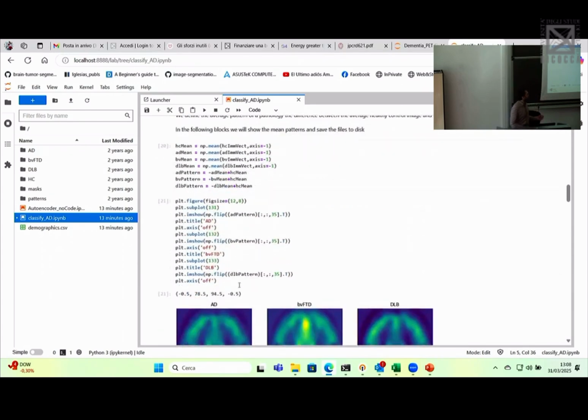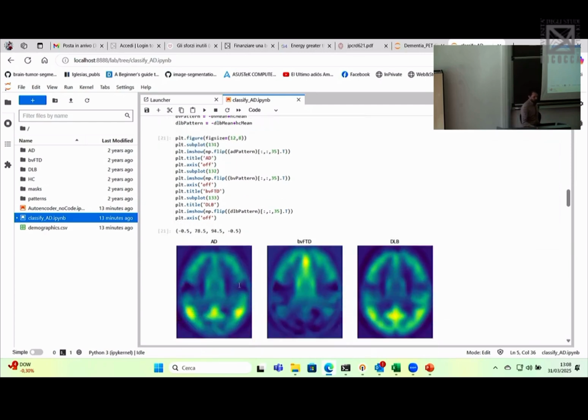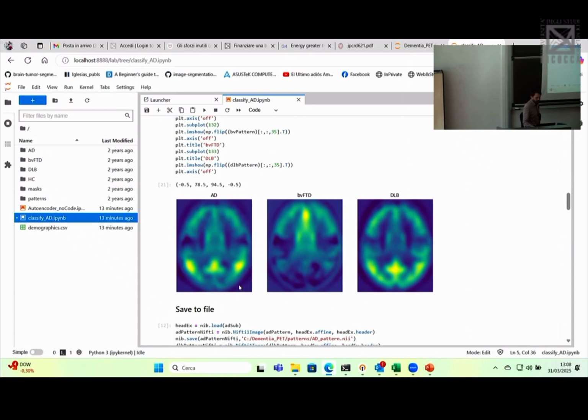And then, after showing you a group analysis at the voxel level between different subjects, I compute the mean intensity of these three groups of subjects and show the mean intensity as compared to the healthy subjects.